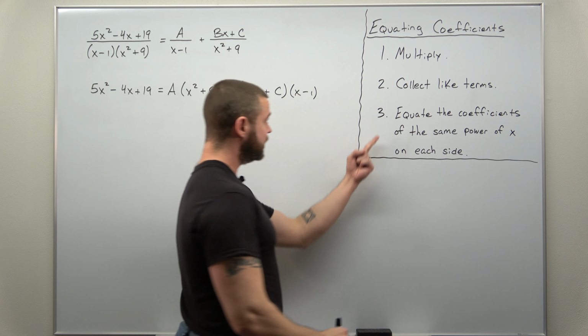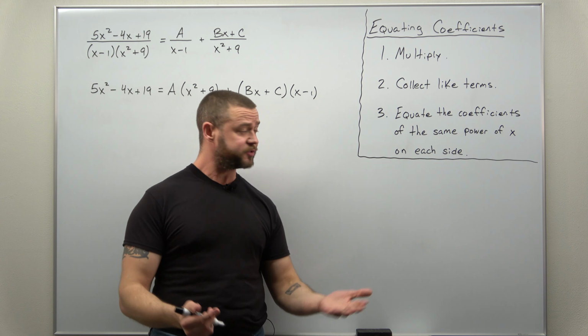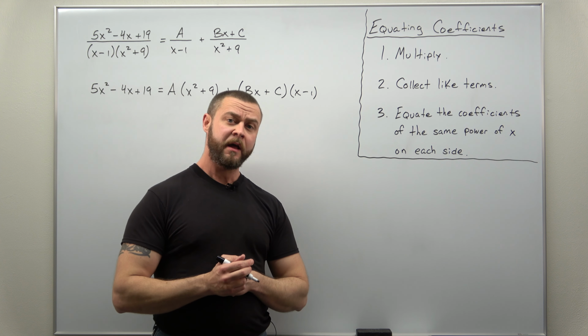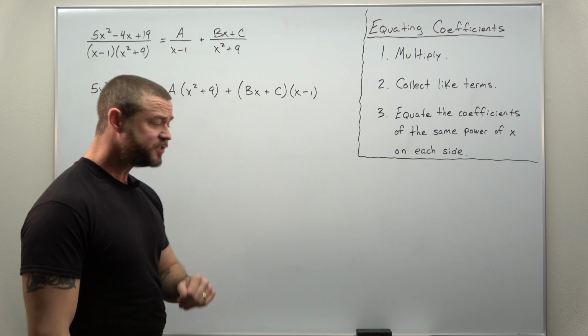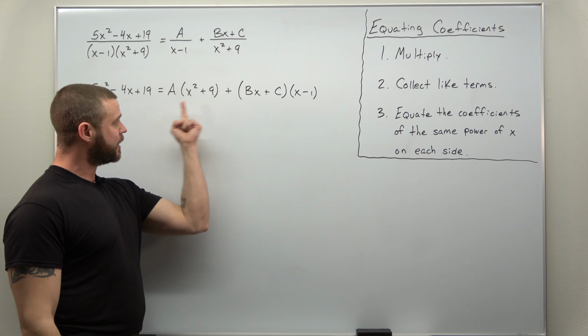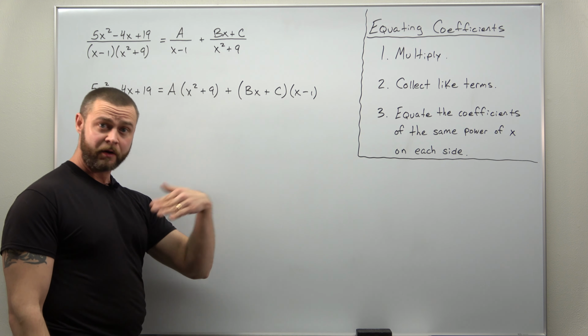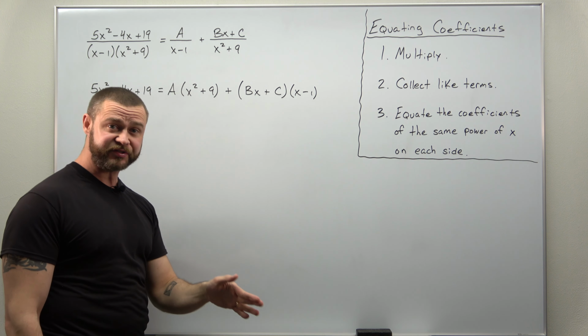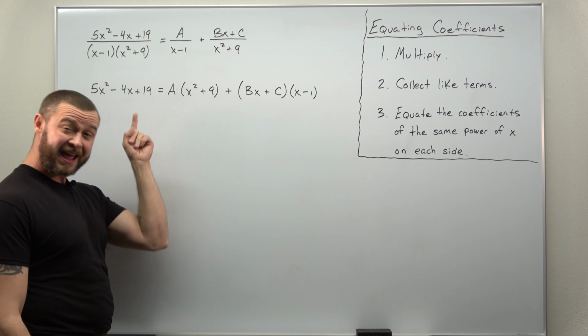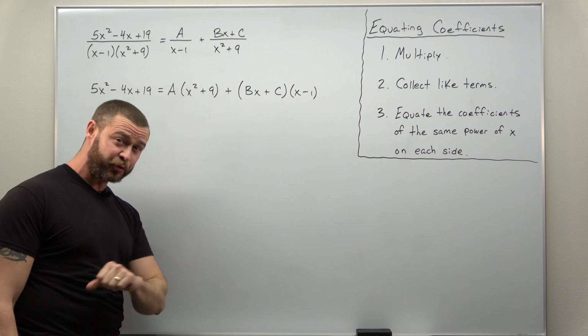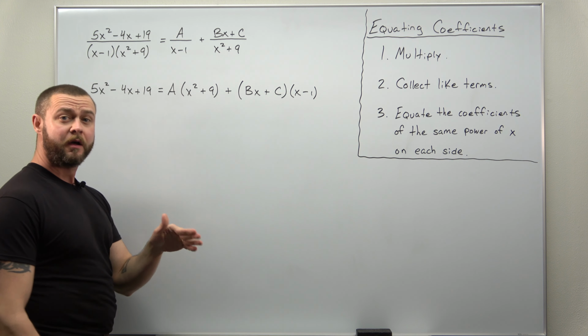Now, I did write some steps like I would in class over here on the corner, and they're very simple, and basically it amounts to multiplying out, expanding the right-hand side. You're going to get a bunch of powers of x, and since this is an identity, it should be true for all values of x.